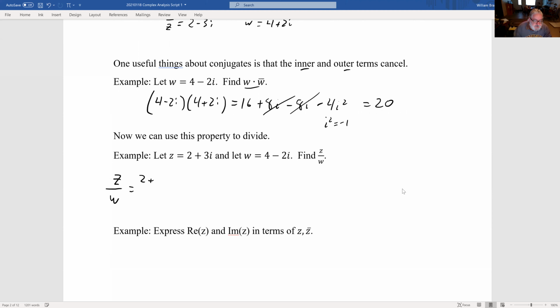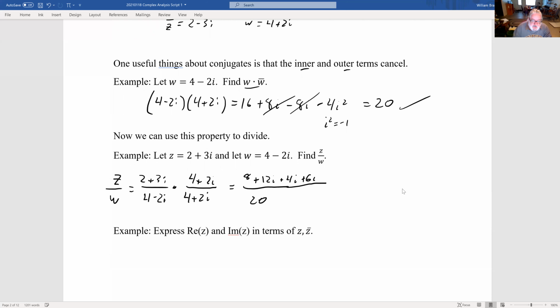So now we can actually find z over w. Is 2 plus 3i over 4 minus 2i. I want to get that i out of the denominator somehow. So I multiply the top and bottom by 4 plus 2i, because that's the conjugate of the bottom. And what do I get? Well, on the bottom, that's this calculation. Those are 20. On the top, you know the usual FOIL, 8 plus 12i plus 4i plus 6i squared.